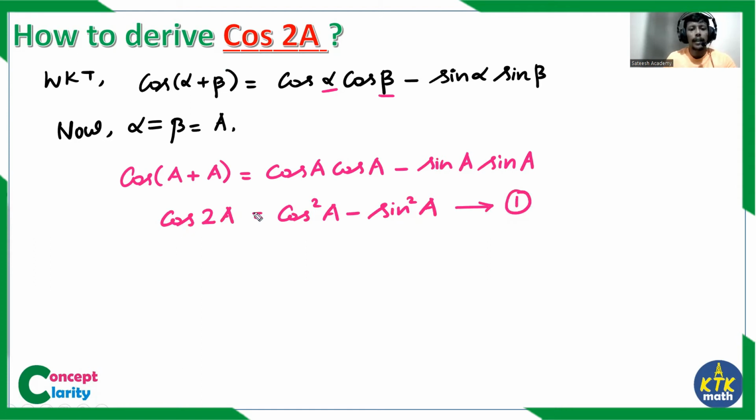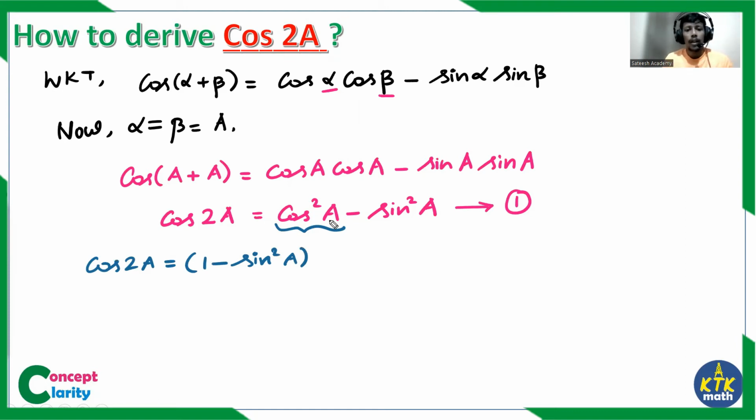This identity involves both cos square A and sin square A. Now further, what I am going to do is, in this cos 2A, write the first term cos square A as 1 minus sin square A, because we know the identity cos square A plus sin square A is equal to 1.